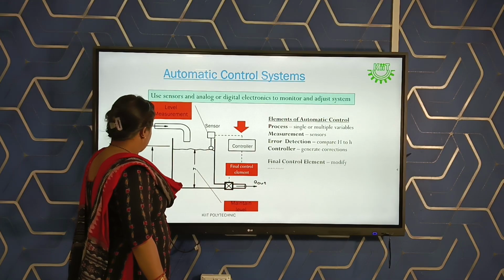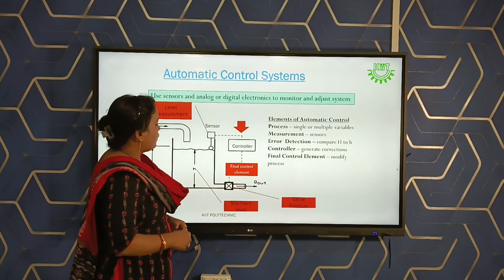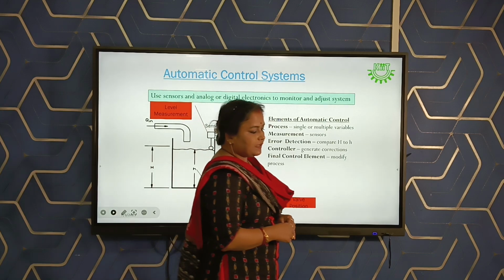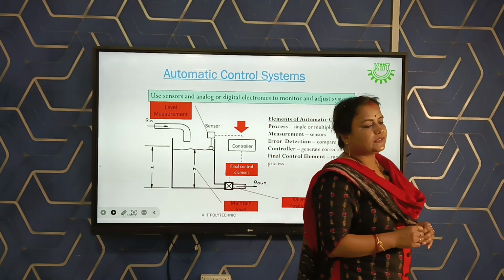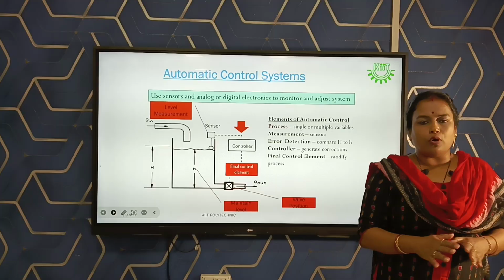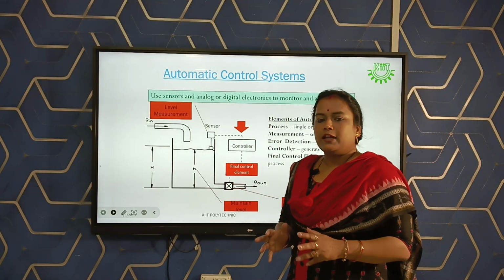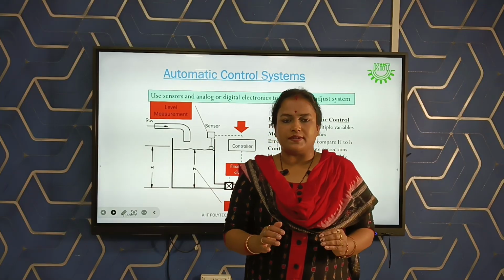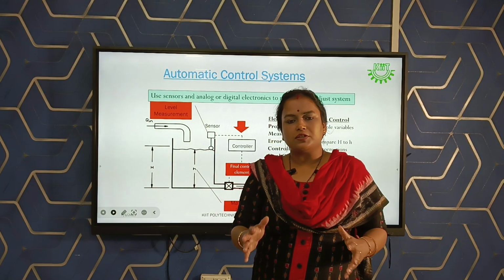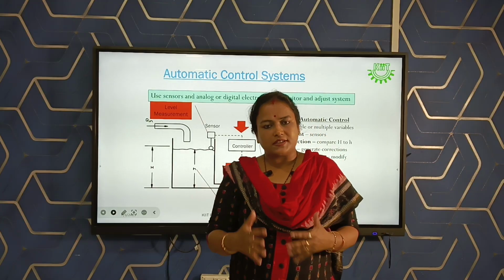Okay, so another term is our automatic control systems. Nowadays, we all are familiar with the term automatic. Automatic means there will be no human interference. It will be done by sensors and other systems.